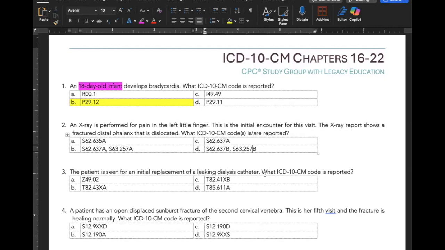And then where do we want to go underneath fracture? Finger? Finger. Yep. And then under that, where should we go?